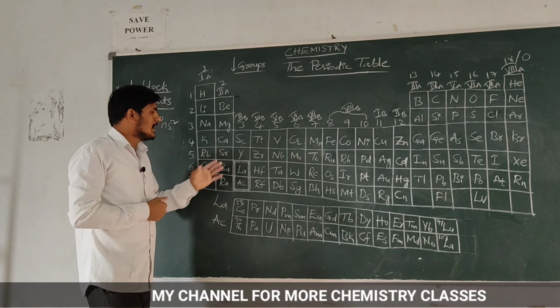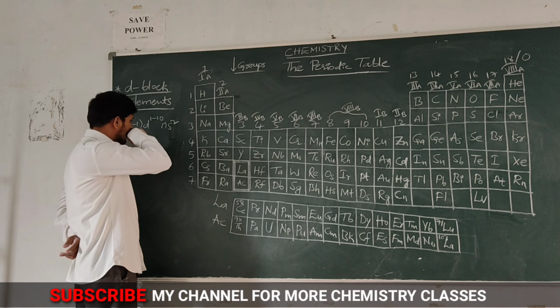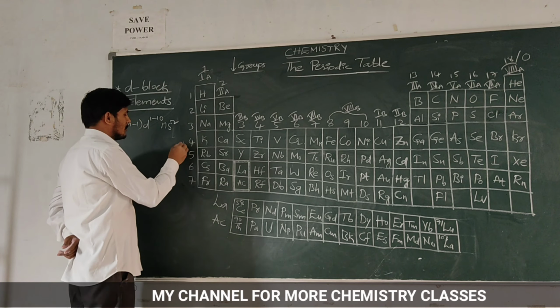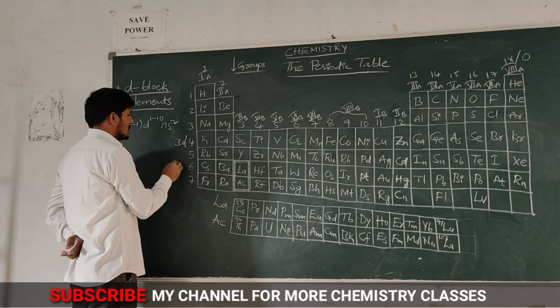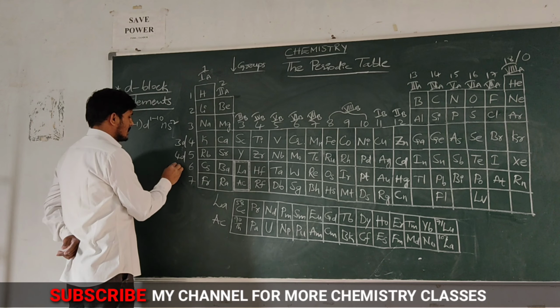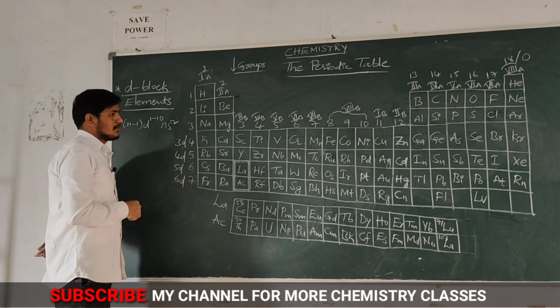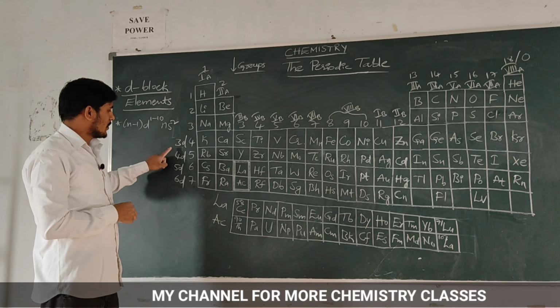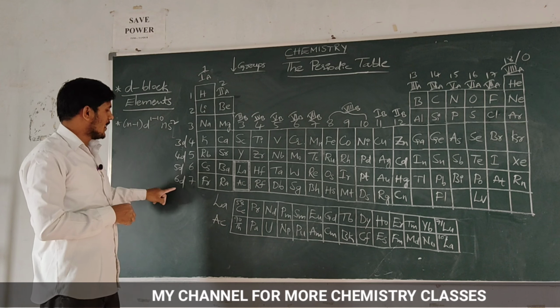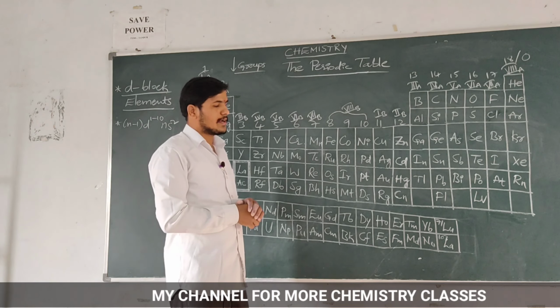These elements are called D block elements. These D block elements are classified into 4 series: 3D series, 4D series, 5D series and 6D series. In the 6D series, the elements are incomplete.